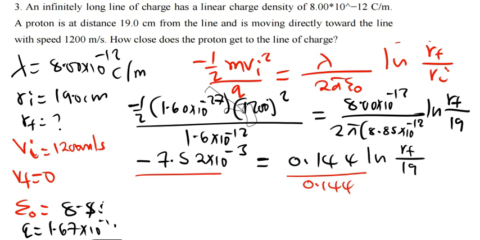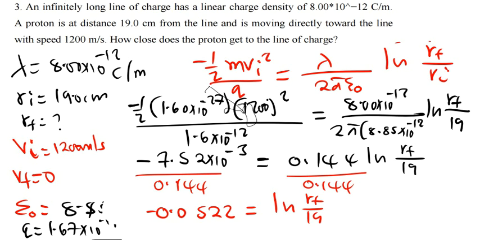So we have negative 7.52 times 10 to the power negative 3 divided by 0.144. Okay, so I'm getting negative 0.052, which should be equal to ln RF divided by 19.